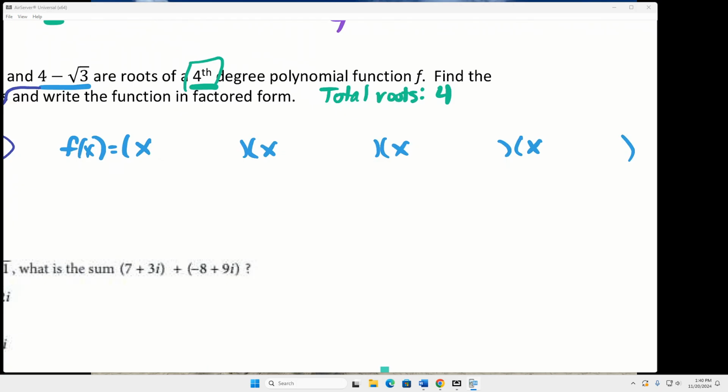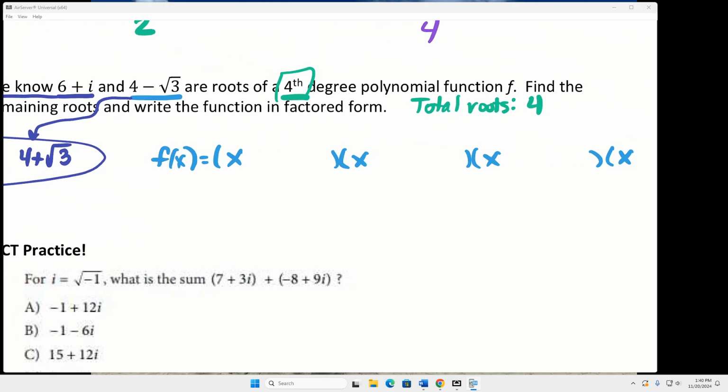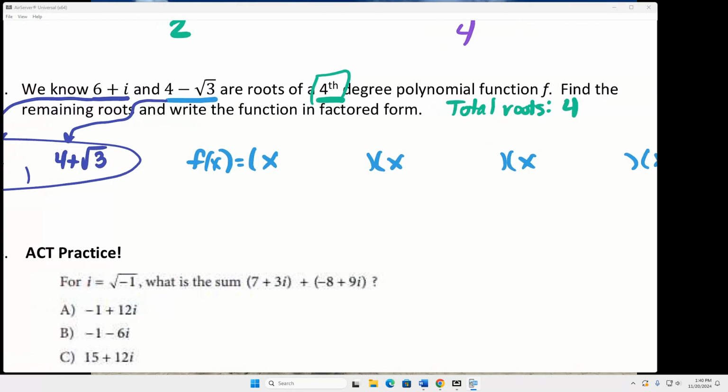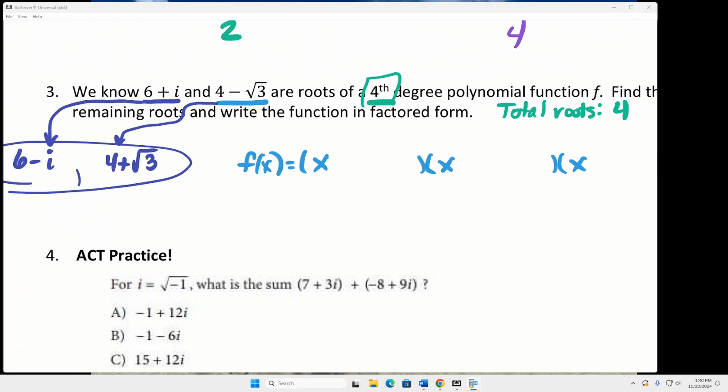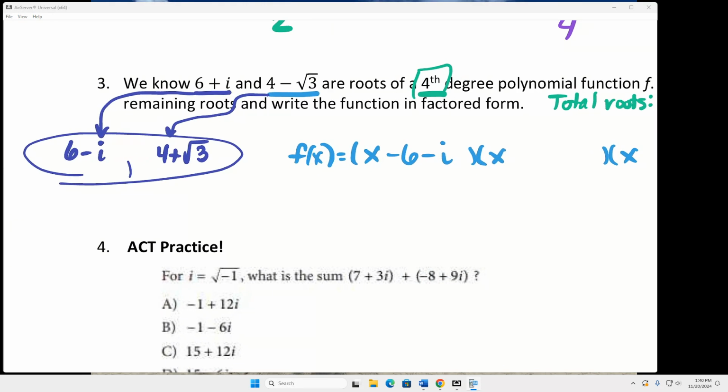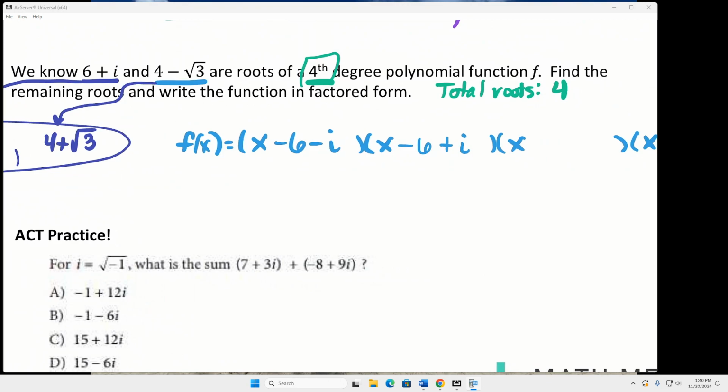All right, and then we'll go back and just do opposite, opposite. So I'll just start with the one with the 6. So 6 plus i means that it's going to be minus 6 minus i. Right? And then I also have 6 minus i. So that one is going to be minus 6 plus i. All right. So you guys do the 2 factors with the 4 and the square root of 3, please.